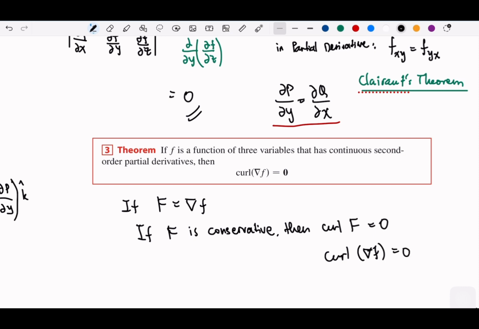So you can also check the conservativity of a vector field using the curl. Just checking the curl del of the potential function, it should equal 0.